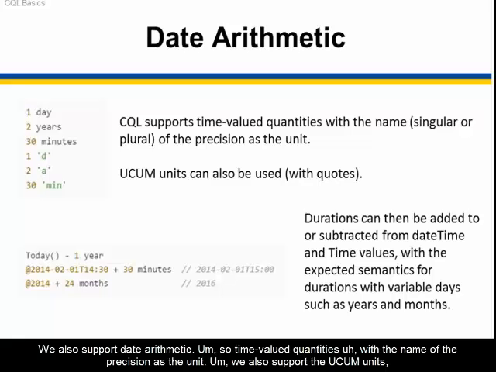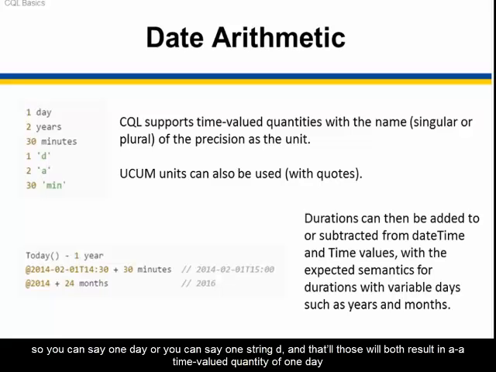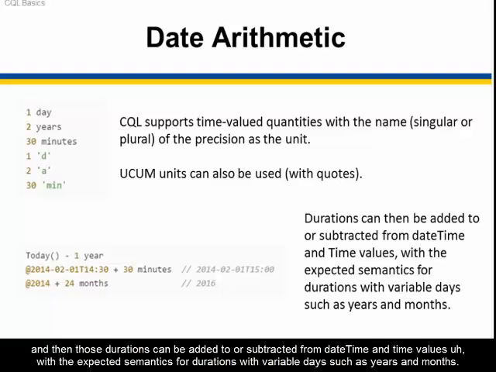We also support date arithmetic. So time-valued quantities with the name of the precision as the unit. We also support the eCQM units. So you can say 1 day, or you can say 1 string D. And those will both result in a time-valued quantity of 1 day.